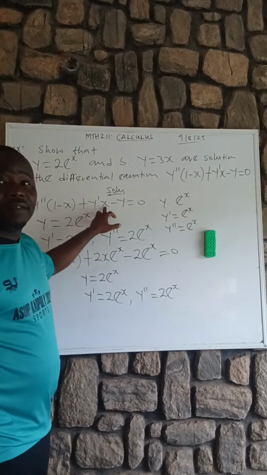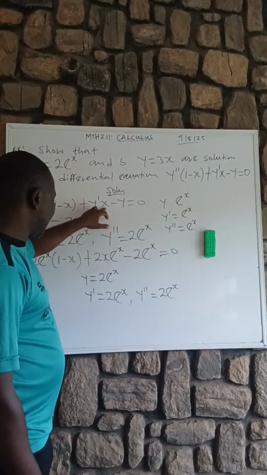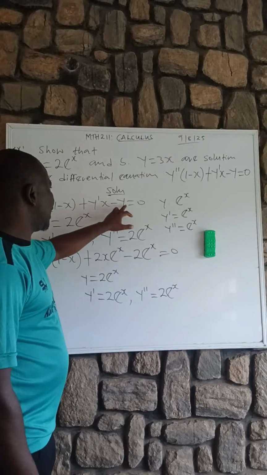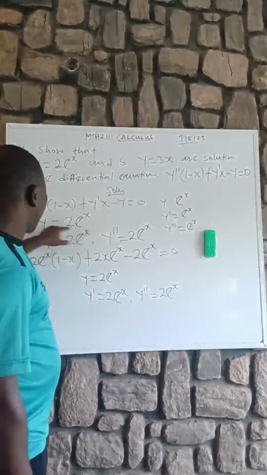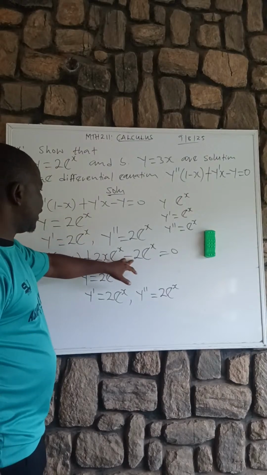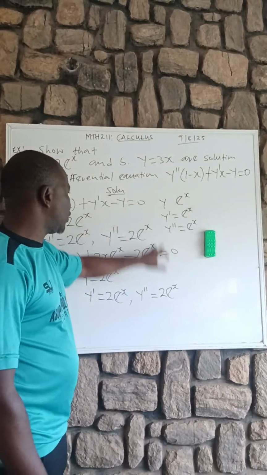Then here we have x, so use it to multiply the x here. It gives you 2x exponential x, minus, here we have y. Your y is the function 2 exponential x. Instead of this y, you write 2 exponential x, equals 0.